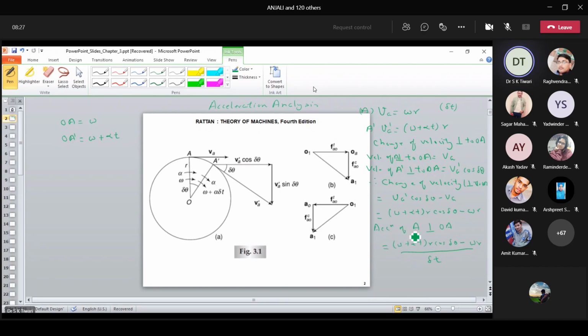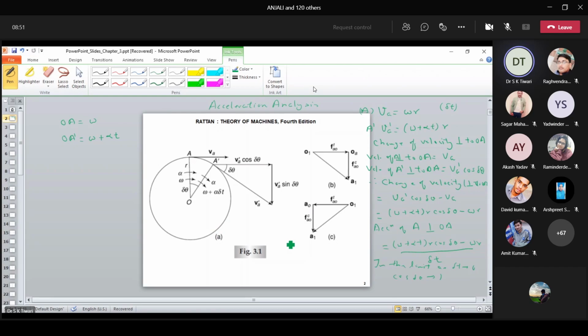I am talking about the acceleration of A perpendicular to OA. This will be this equation divided by delta t. In the limit as delta t tends towards 0, cos of delta theta will tend to 1.